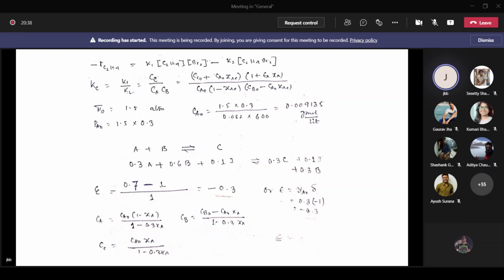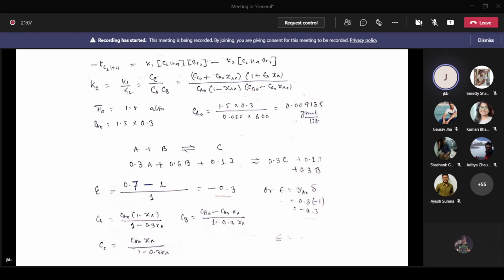Write both sides with inerts. There are two methods for finding epsilon. Either you can find the change of moles for the reaction, delta. What is delta here? That is 1 minus 2, that is minus 1. And what is the mole fraction of A? 30%, that is 0.3 into minus 1.